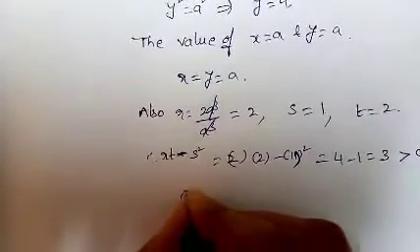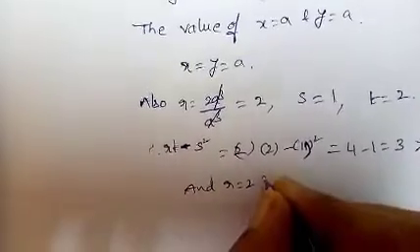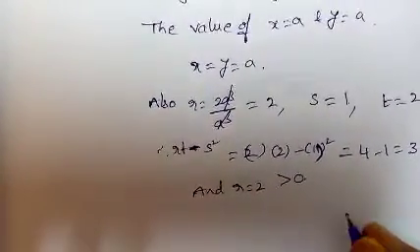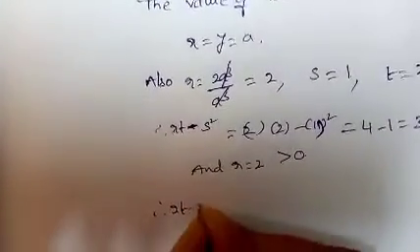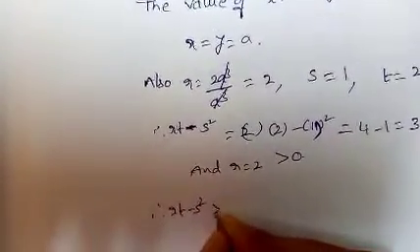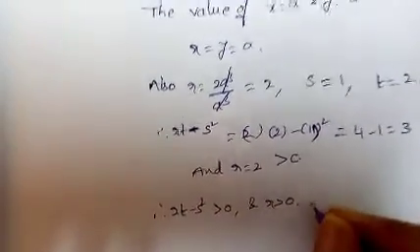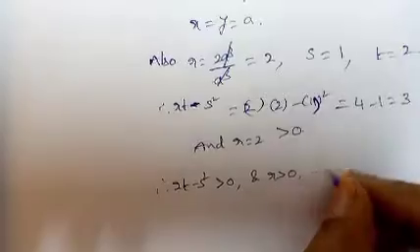And r equal to 2, so this value is also greater than 0. So therefore rt minus s square value is greater than 0 and r greater than 0. So therefore this function has a minimum value.